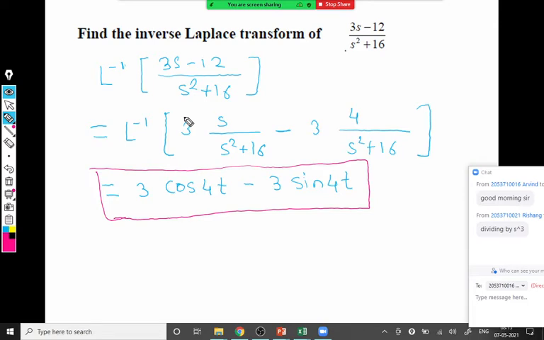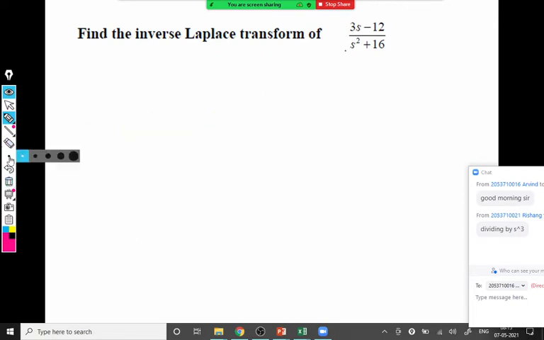So can we move to the next question then, if you're done? Yes, sir. Okay. Third question. Here we want L inverse of this part. Now you should tell me what should be done.